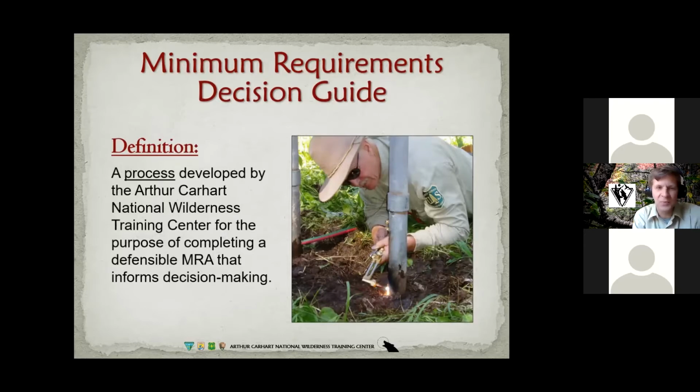It's a process to help you achieve the MRA. And it was developed by the Arthur Carhart National Wilderness Training Center and interagency training. So all four federal land management agencies that steward wilderness were involved in its development. And it's a guide to help folks, as I said, work through that process. Next slide.